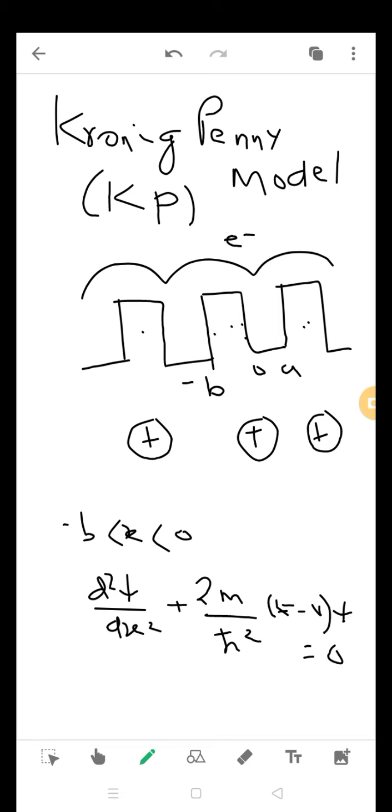Now that means there is a potential V present, so this potential is basically the V potential we are talking about.